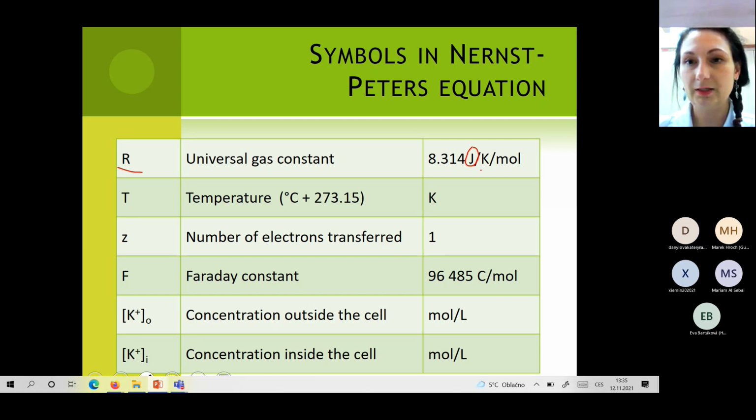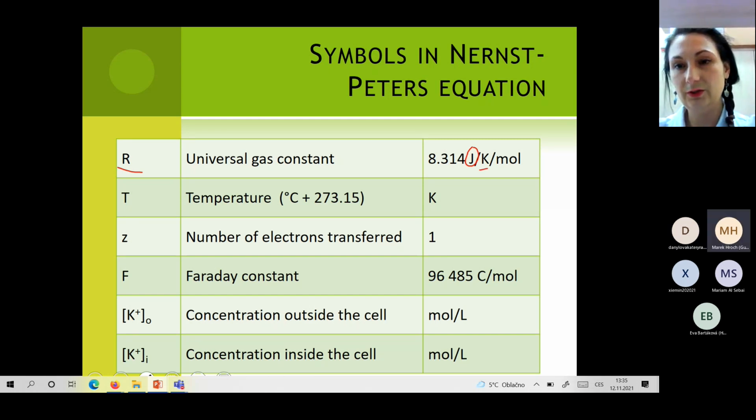So what about Marek? Kelvin, what is the unit for? Kelvin is the standard measurement of temperature. Yes, for absolute temperature. And maybe Siemin, are you there? What is mole?